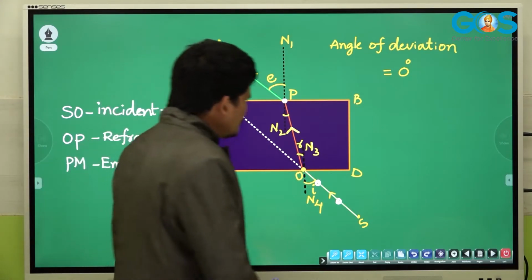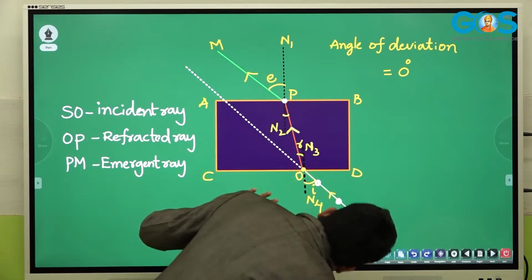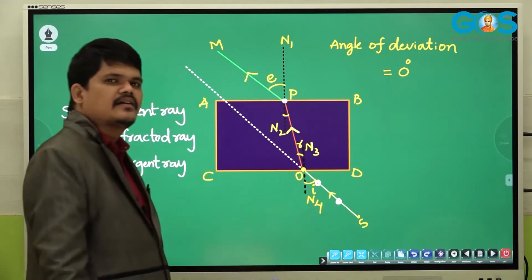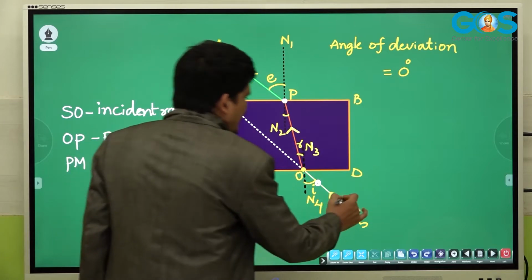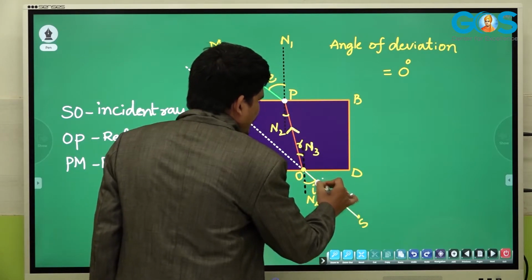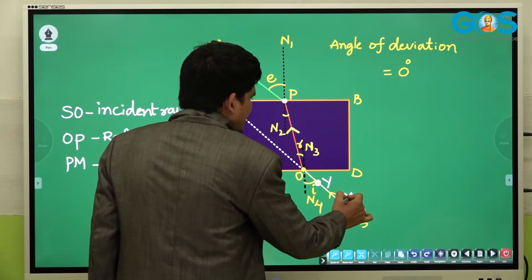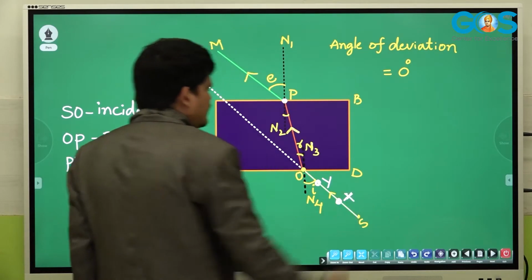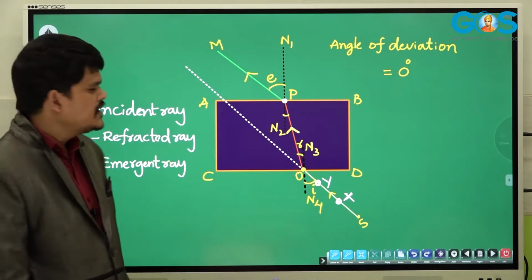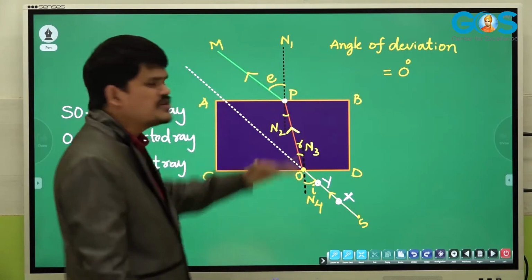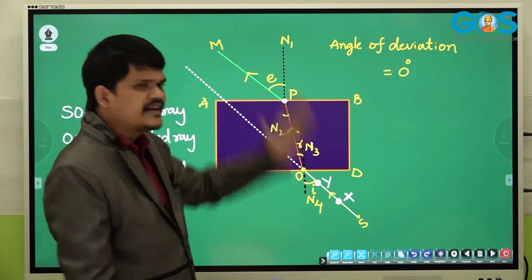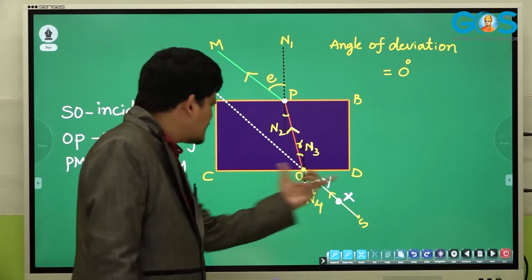So we have to trace the images for these pins. Let us suppose these pins are X and Y. We are naming these pins. So we need to check the position of their images through that rectangular glass slab from the side CD.